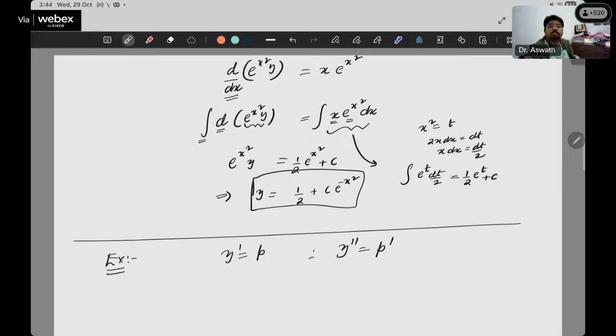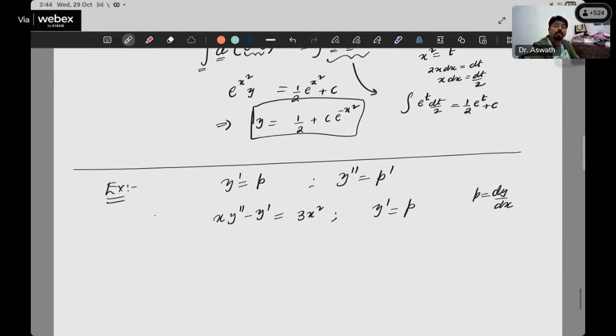If this kind of differential equation is given, a second order differential equation, how do I solve it? Example: x y double dash minus y dash is equal to 3x square, and y dash is equal to some p, where p is some functional form which has a derivative, so p is dy by dx.